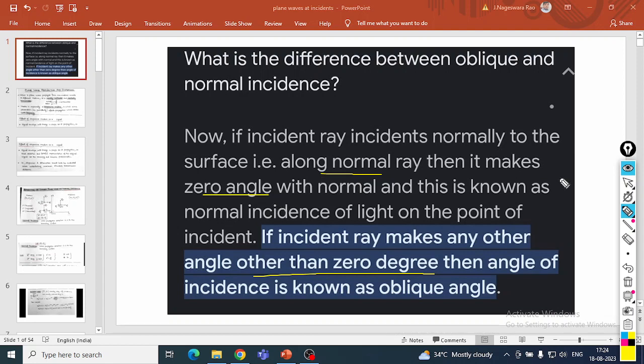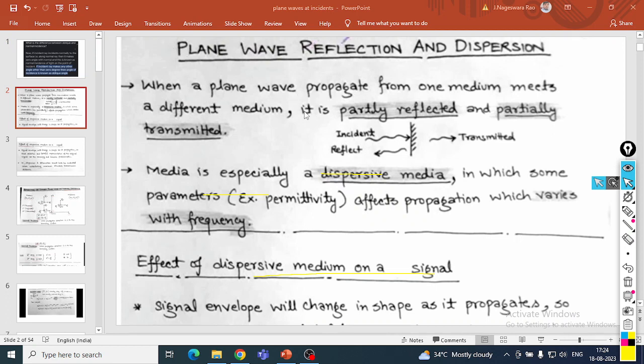Let's see how a plane wave propagates at normal incidence. When a plane wave propagating in one medium meets a different medium, it is partially reflected and partially transmitted.